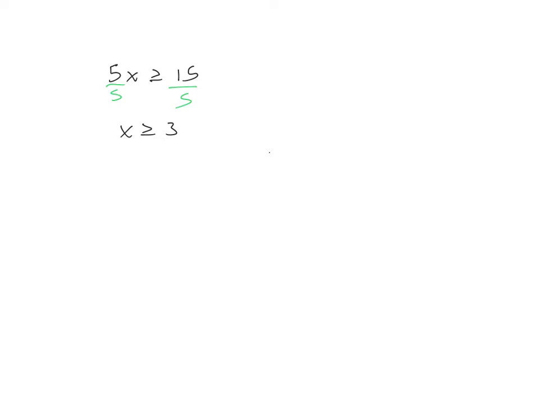Okay, or you might have that one. Okay, that means divide by 2, so I'm going to multiply by 2. x is less than 20.